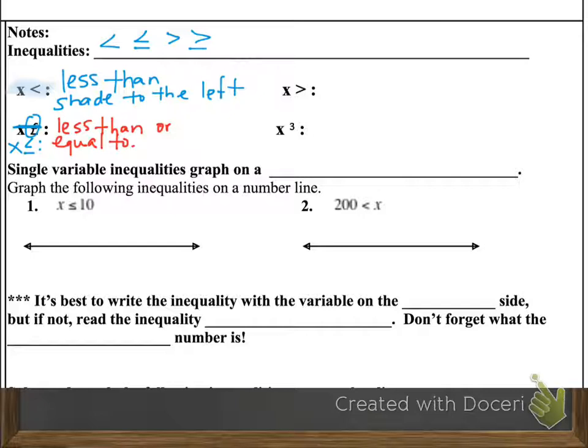So one note I want to add here is that we're going to still shade to the left. But this time we're going to have a closed circle. I did not mention that in the previous example.